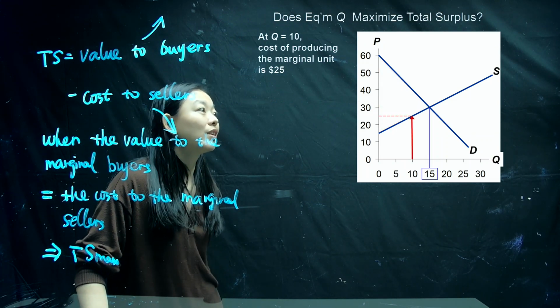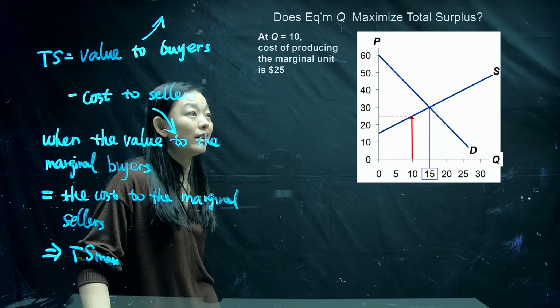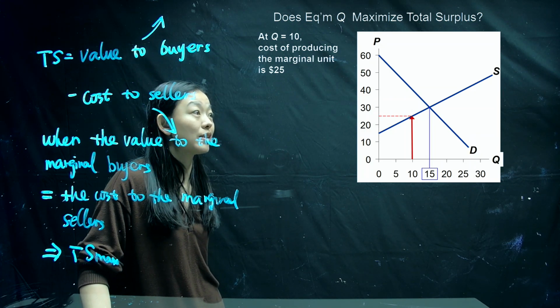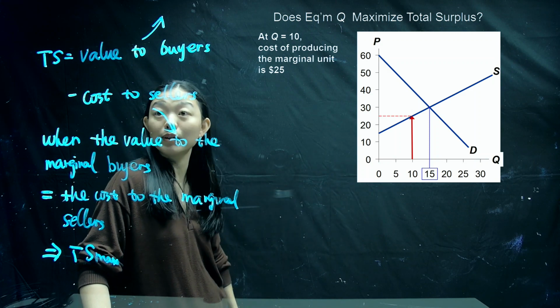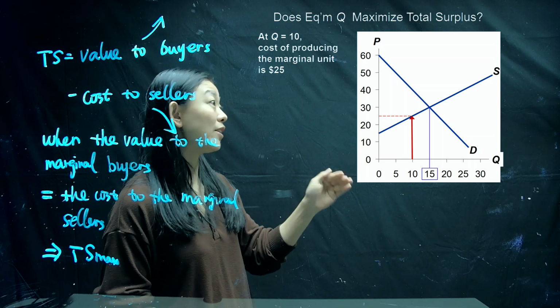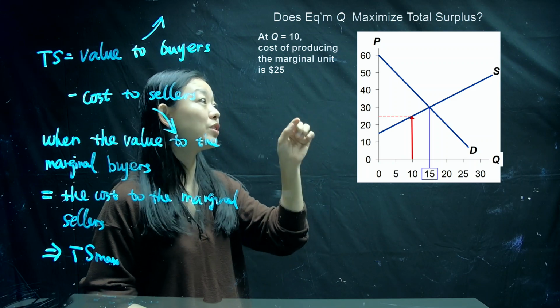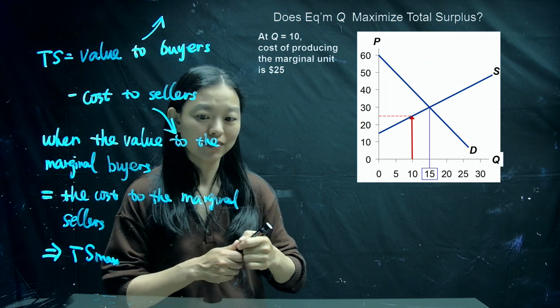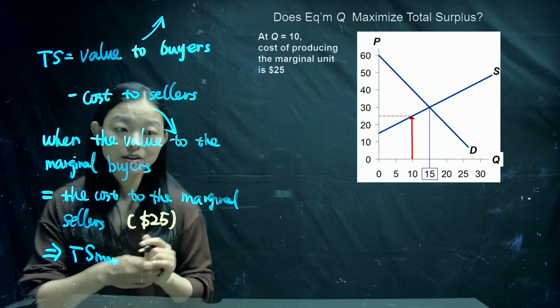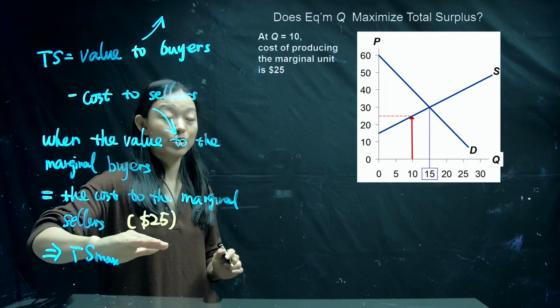First, think about if the quantity were 10 units rather than 15 units. We know 15 units is the equilibrium quantity, right? When the quantity equals 10 units, the cost of producing the marginal unit is $25. That's the cost to the marginal sellers.